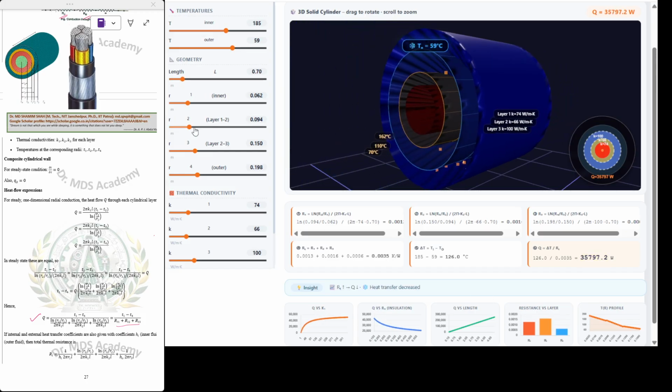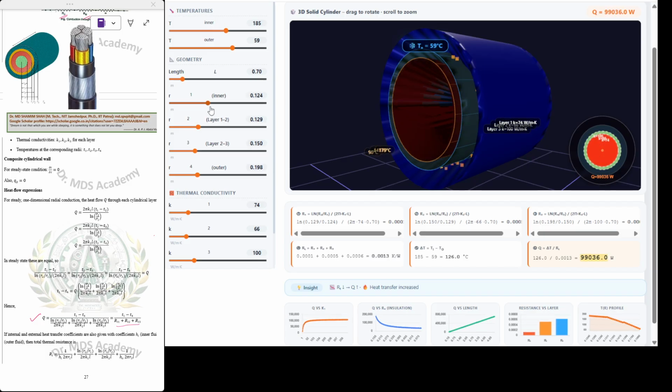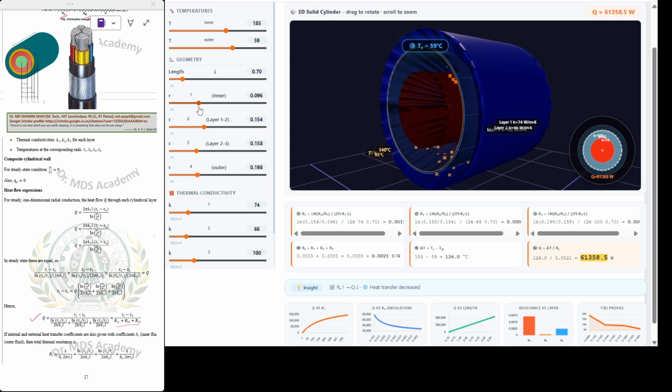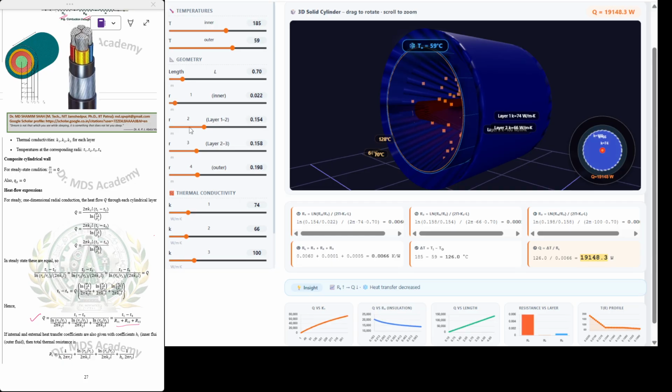Similarly here, when you are changing the value of R1, see R1 when you are decreasing, what is happening to the Q value? Q is decreasing. Why is it happening? Because Q and the resistance are inversely proportional.